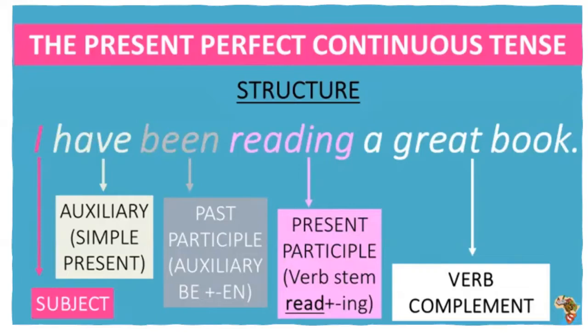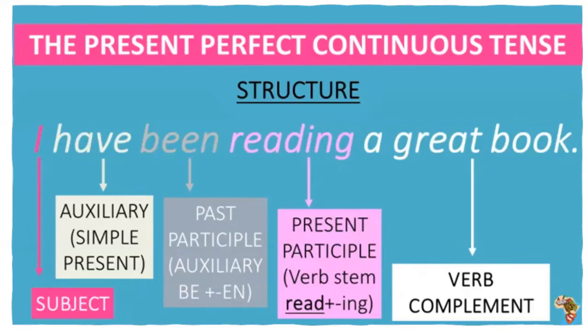Been is the past participle of the auxiliary be. So with the subject I, we use have been, and then read plus ing, reading, the present participle verb. And a great book, that is the verb complement, that is the object. Do you understand? Can you tell me what we have learned up to now about present perfect continuous tense?